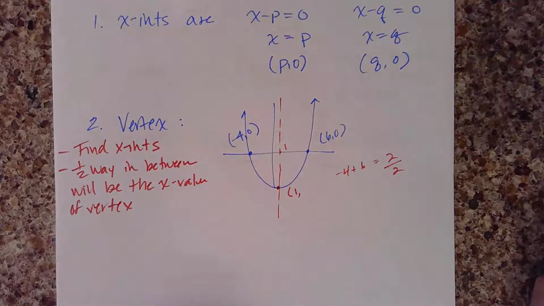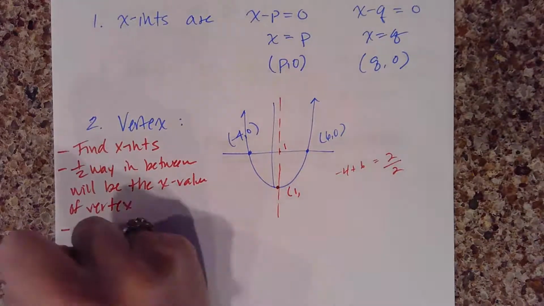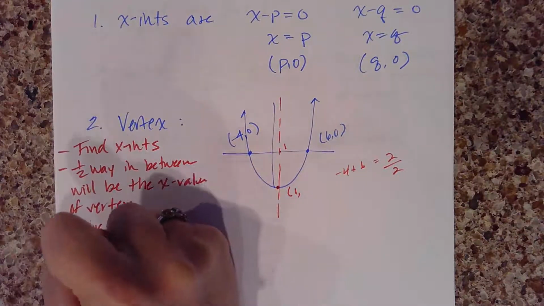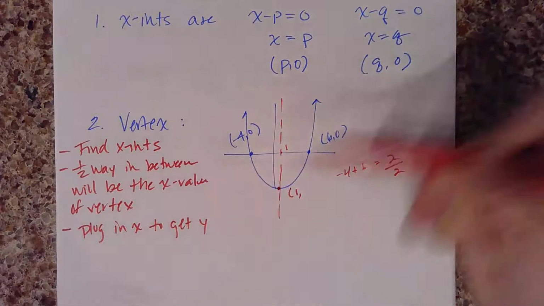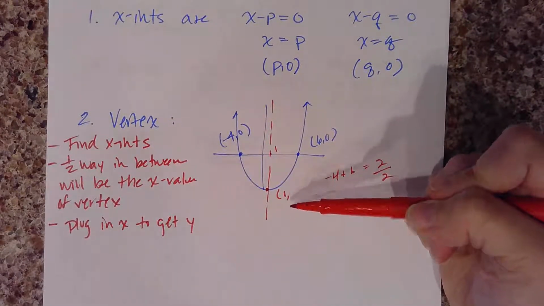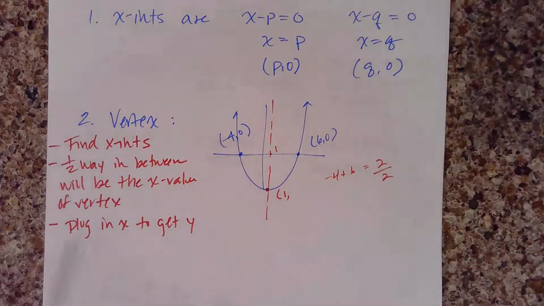So halfway in between your two x-intercepts is the x value of your vertex. And then of course, because you need to get a vertex, you need that y value. Last step is plug in x to get y. So go back to your original equation. Once you know that this is 1, for example, you'd go back to your equation, plug in 1 for x, solve for y. And that's how you figure out the vertex of your function.